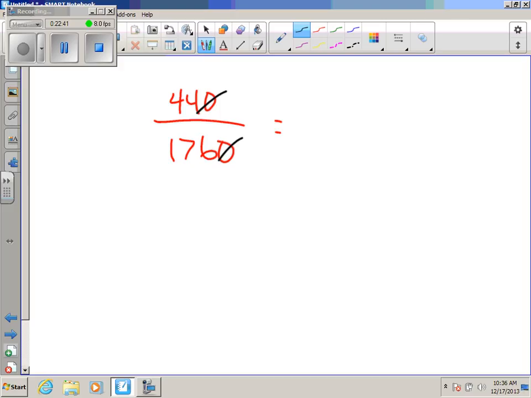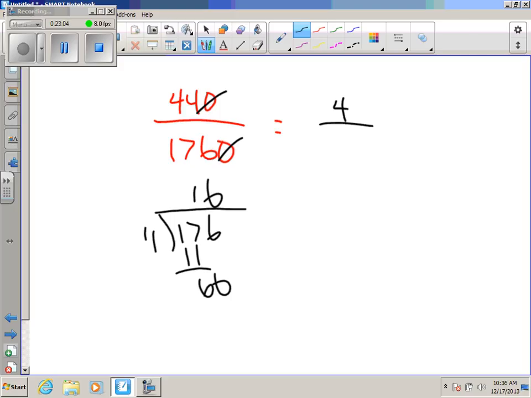Well, they're chopping it down. You said 11? So 44 divided by 11 is 4. 16. 1 4.